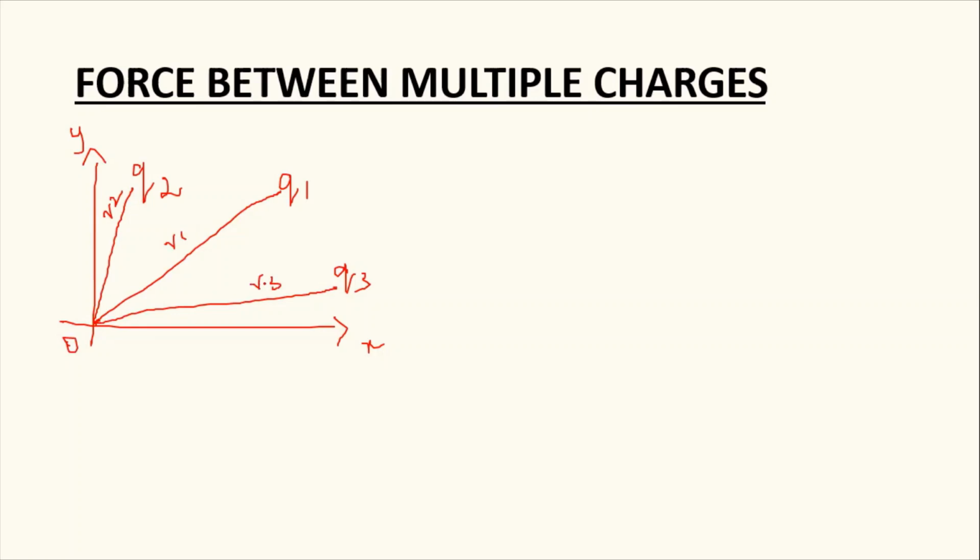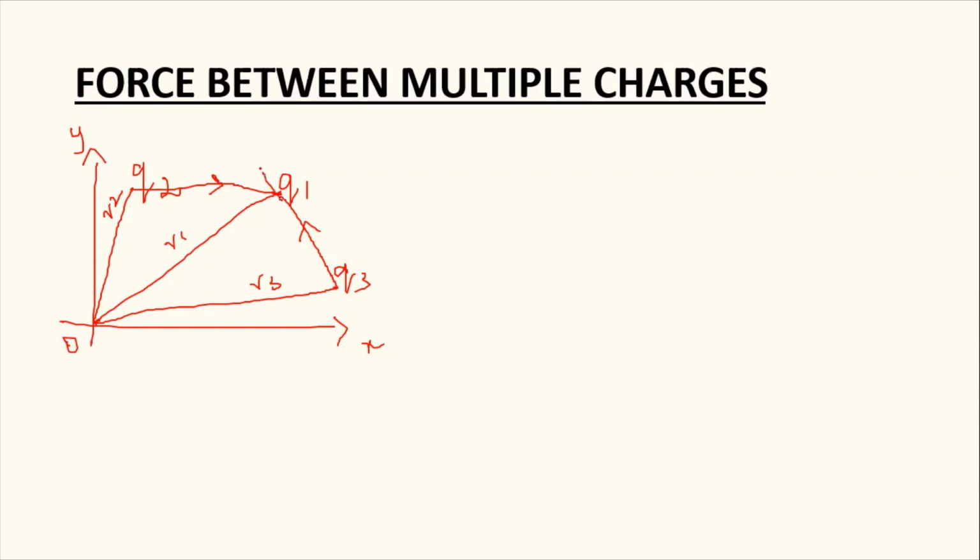Now this charge Q2 will exert a force on this charge Q1, and this charge Q3 will exert a force on this charge Q1. We are going to calculate the force exerted by the other charges on the charge Q1.